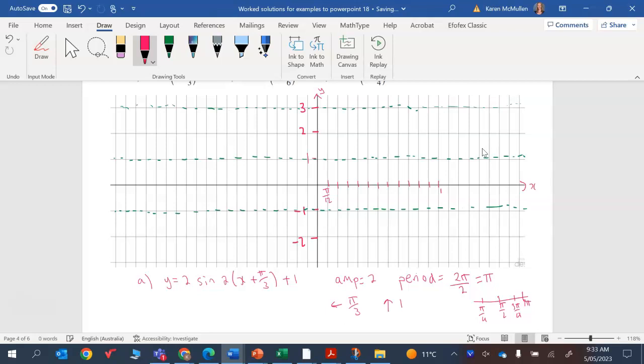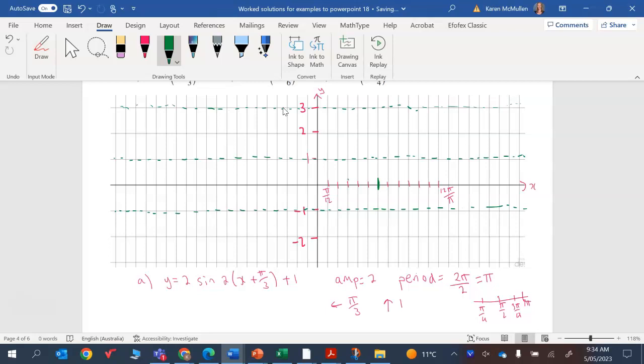So 12 pi on 12, which is pi. It's going to be a lot of work to fill all of them in, but I can still split that into lots of 4. Your halfway point is going to be 6 pi on 12. So 1, 2, 3, 4, 5, 6, which is here. And then halfway between that is 3.